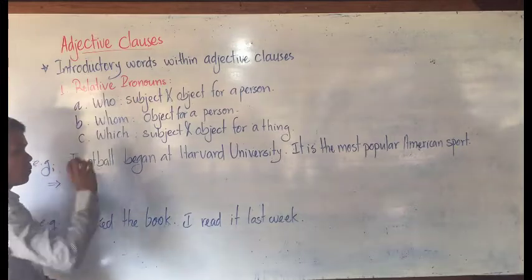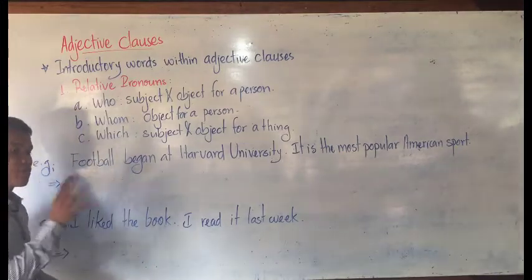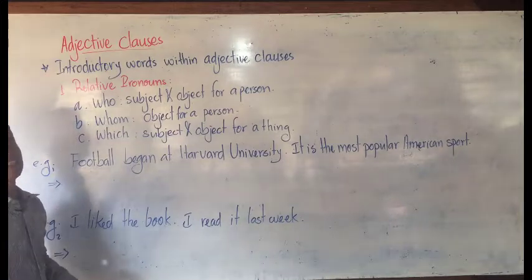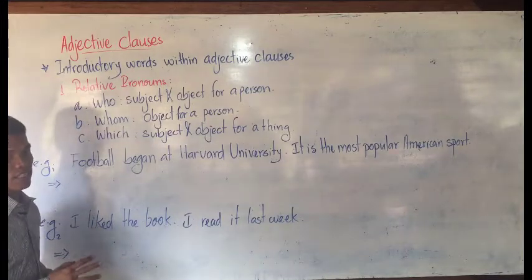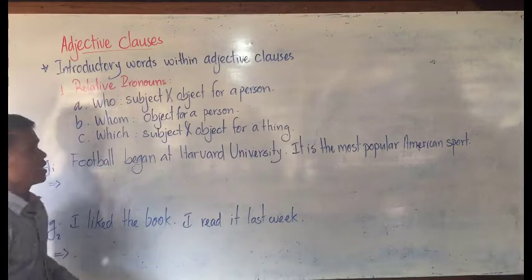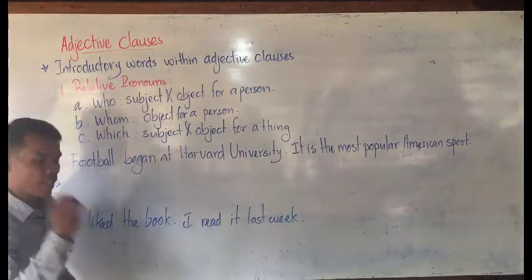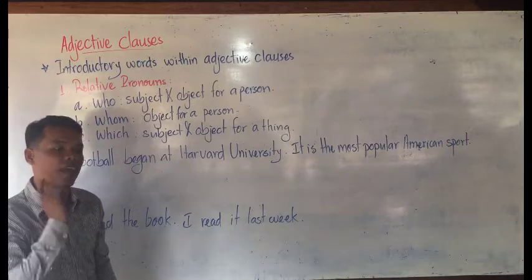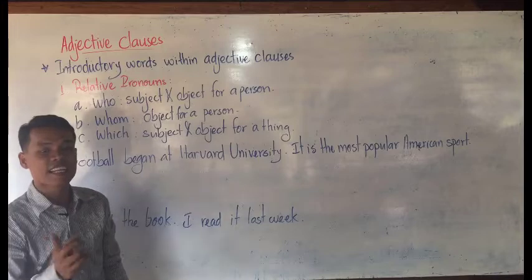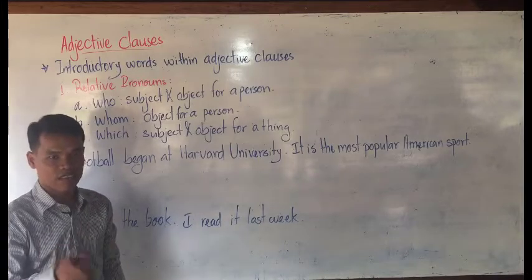Who and whom can be used in both non-defining relative clauses and defining relative clauses. They are used in clauses with a comma and clauses without a comma. And which too can be used in both defining relative clauses and non-defining relative clauses.